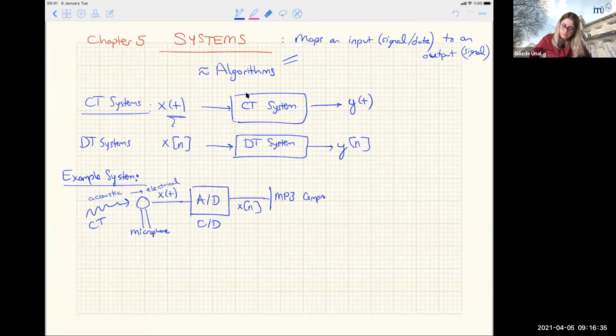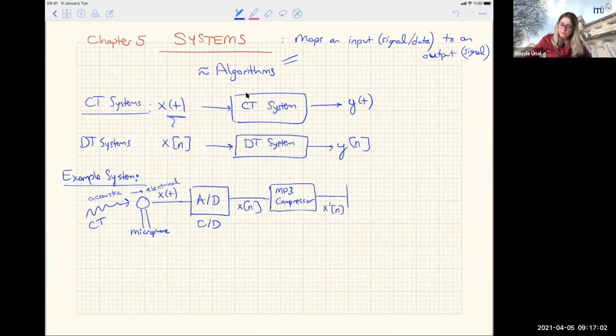Let's say it's in this way. MP3 compressor. This is a compression system. Okay. Now let's say I have an x prime, or another discrete time signal. It's compressed. Now, the most common form of systems are filters, right?